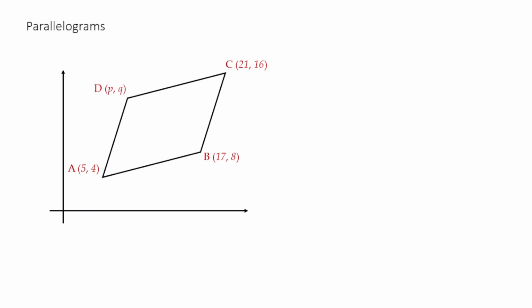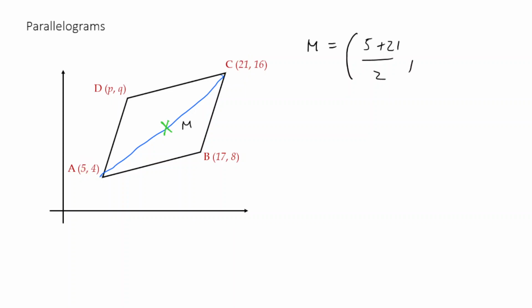Well, if I draw a line from A to C, that line there, I can find the midpoint. How do I do that? Well, the midpoint x value is going to be equal to x1 plus x2 divided by 2, so 5 plus 21 divided by 2. And how will I get the y-coordinate value?